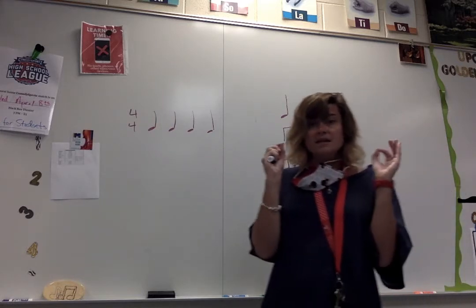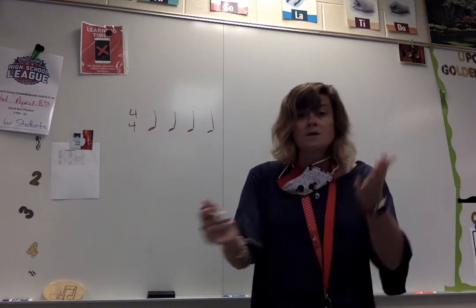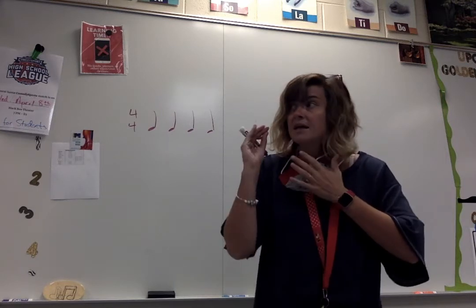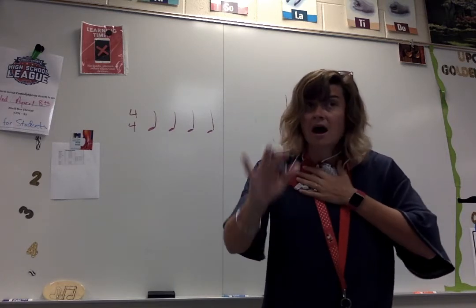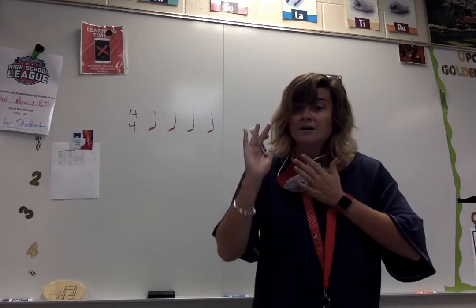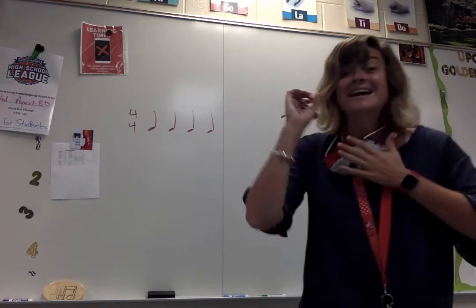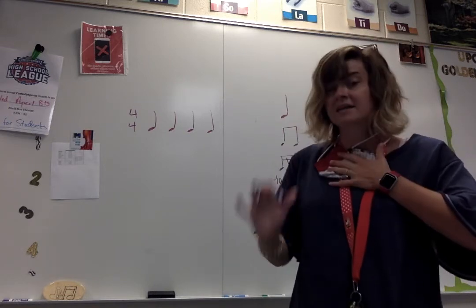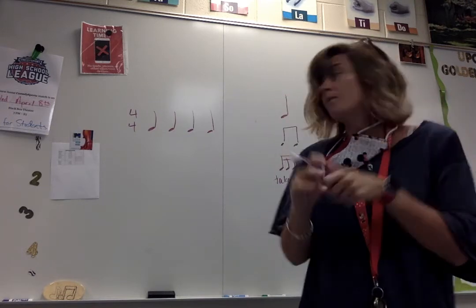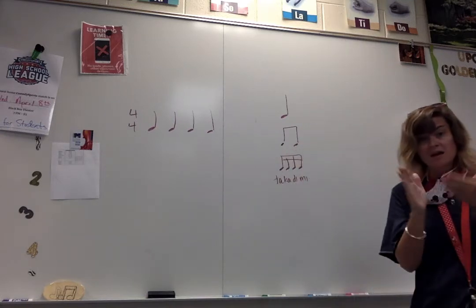Notice that we always say ta first. That's what happens on the beat. So every time I'm hitting the beat, I say ta, ta, ta, ta, ta-di, ta-di, ta-di, ta-di, takadimi, takadimi, takadimi, takadimi. So ta always happens right at the beginning of each beat.